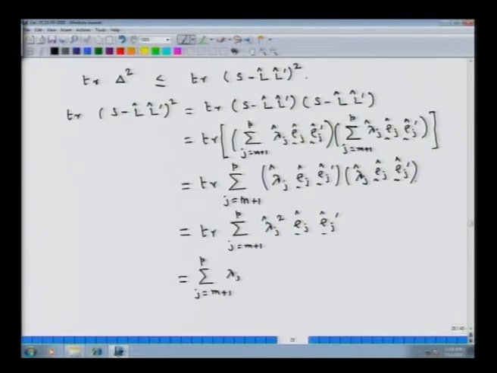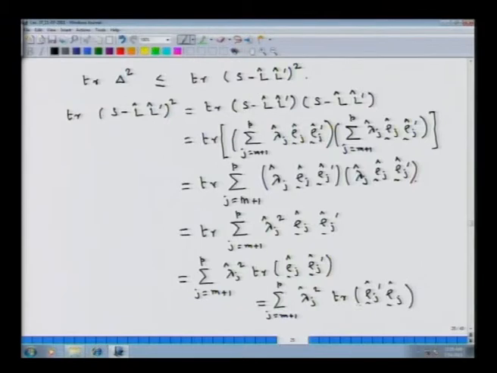So, lambda j hat square anyway is a scalar quantity. So, we take the trace straight away inside, the trace of E j hat times E j hat transpose, and furthermore the trace of AB is equal to the trace of BA. So, what we are going to have is summation j equal to m plus 1 up to p of lambda j hat square times the trace of E j hat transpose E j hat, and that is equal to 1.